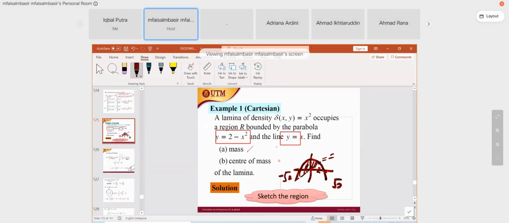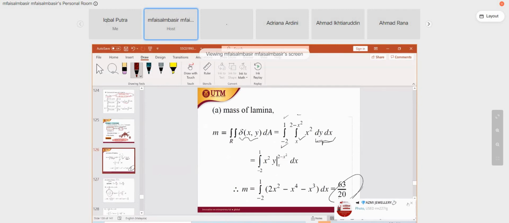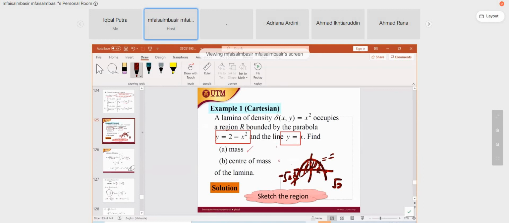So find the mass. Remember, if you do this, you have two things that can confuse you: the limit here and the limit here. To find this intersection, you have to use the simultaneous equation.